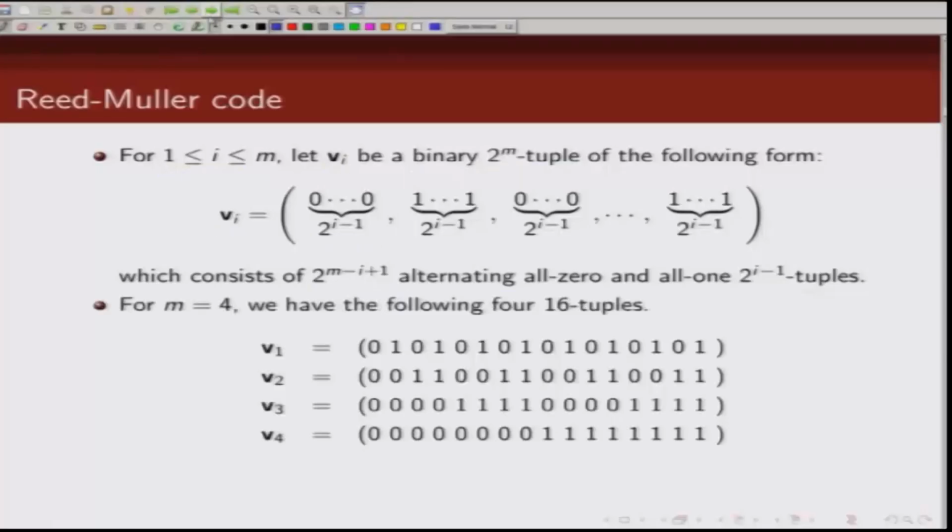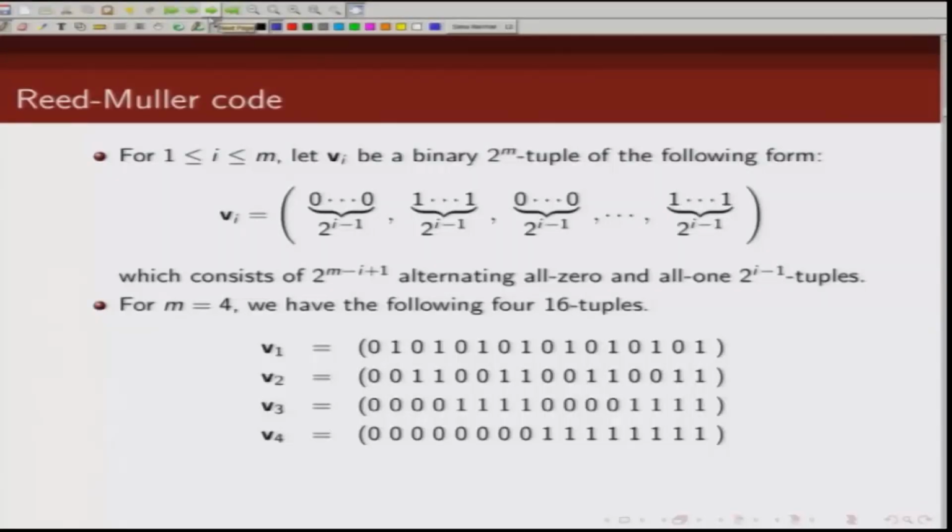So, let us take an example. Let us consider m to be 4. Then these m tuples have length 2 raised to power 4, that is 16. So, what is V1? V1 should have runs of zeros and ones, where the run length is 2 raised to i minus 1.